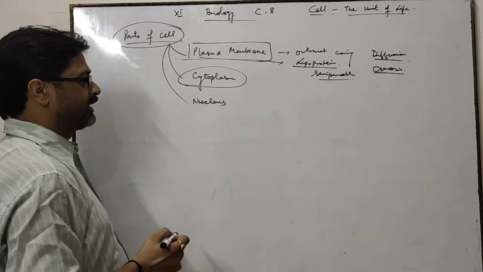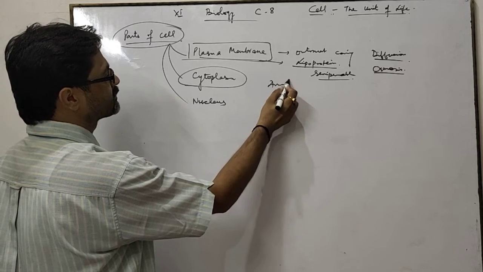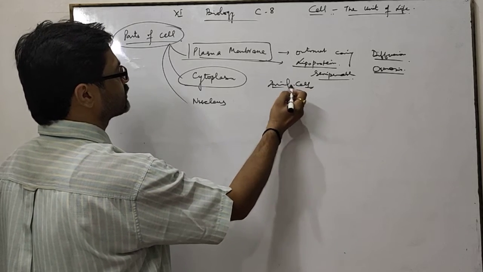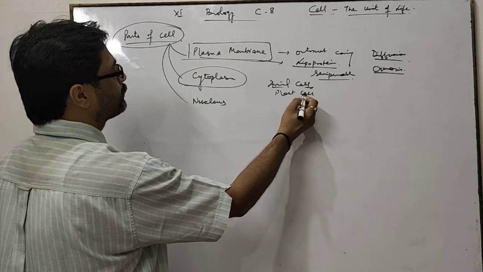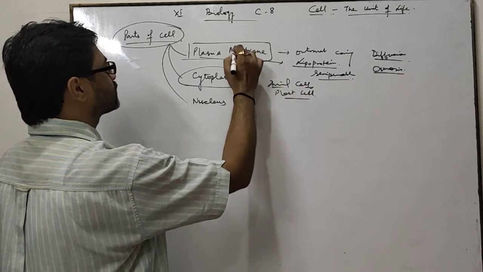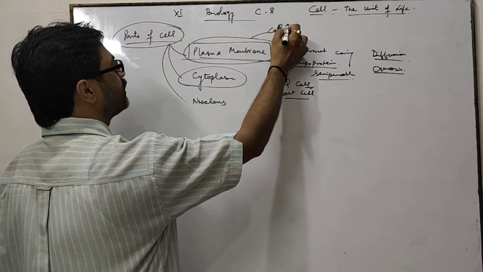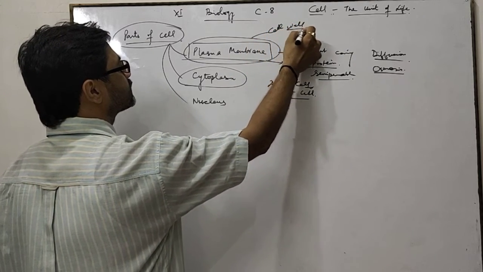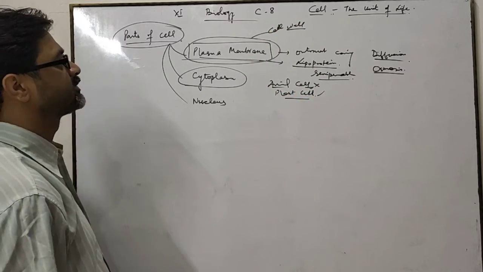Now come to cytoplasm. One thing more here, in animal cells, plasma membrane is the outermost layer, but in plant cells, plasma membrane is also surrounded by one more layer that is called cell wall. Cell wall is absent in animal cell but present in plant cell.